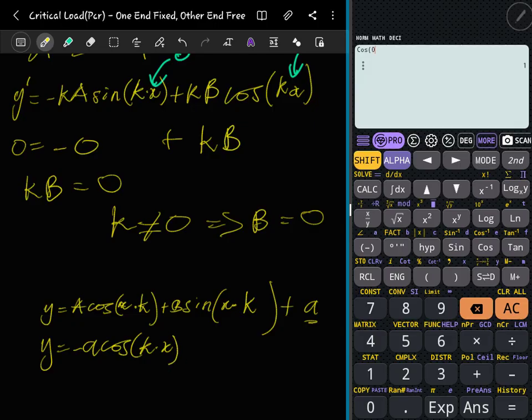Our B we found to be 0, so all this tends to 0. And then we have plus a.